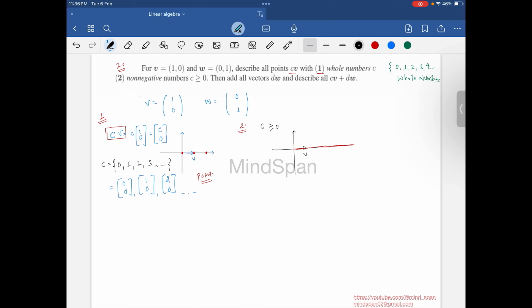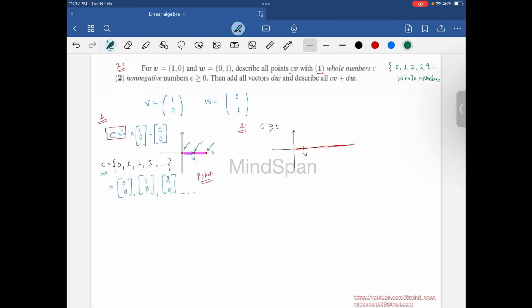Because with this definition of c, we cannot reach these sections, right? But we can reach these with the red dot section.